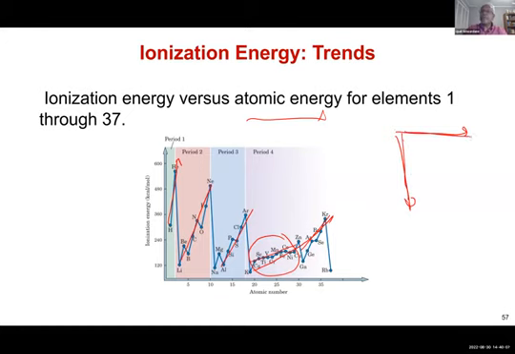This is the trend. So you can compare ionization energies for two elements here. For example, nitrogen and carbon, which one has higher ionization energy? Nitrogen has. Nitrogen is greater than carbon. For lithium and potassium, which one is greater?